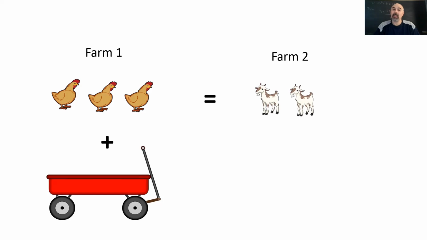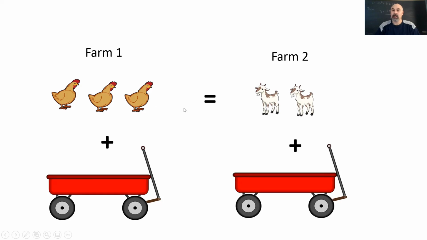But to make this equal, if she transports her 2 goats in a wagon and gives me her wagon, we still have an equal value and we can still trade them.